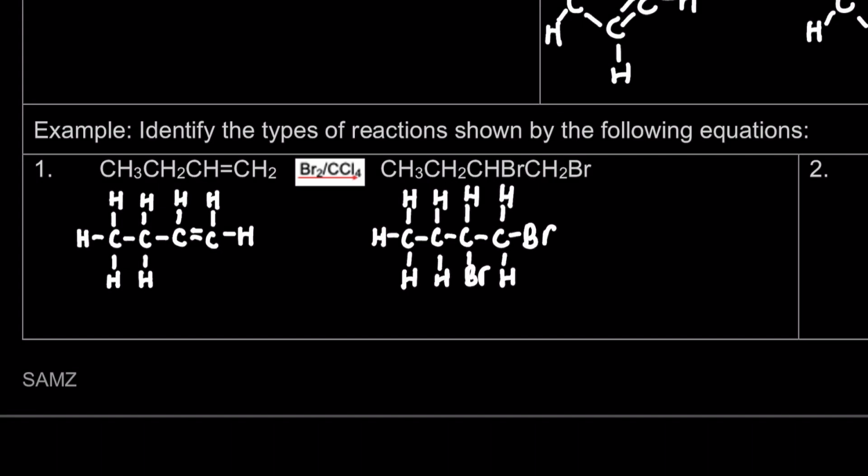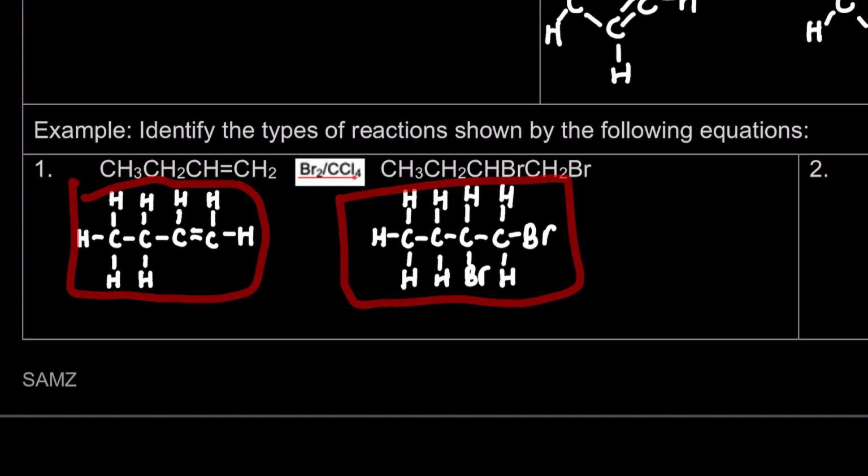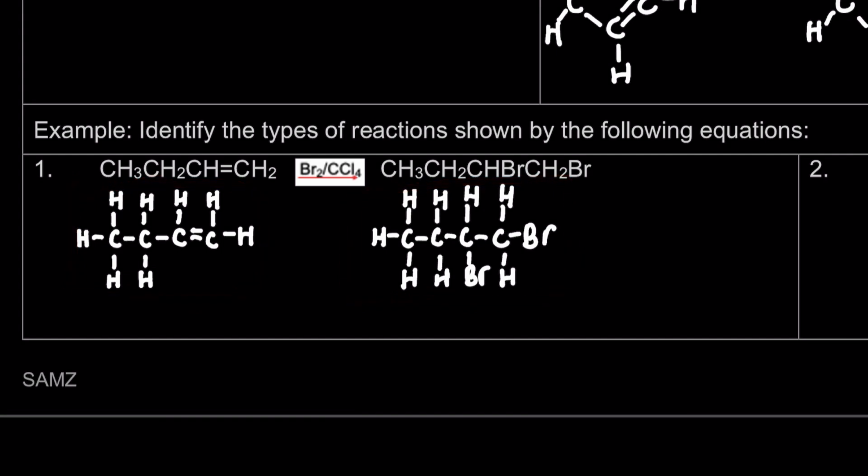Okay, from here, let us look at the before and after. So what is actually the difference? The difference is that in the first one, we have a double bond. But after the reaction, there is no double bond present. And then we can see that there is an extra bromine here and bromine here.